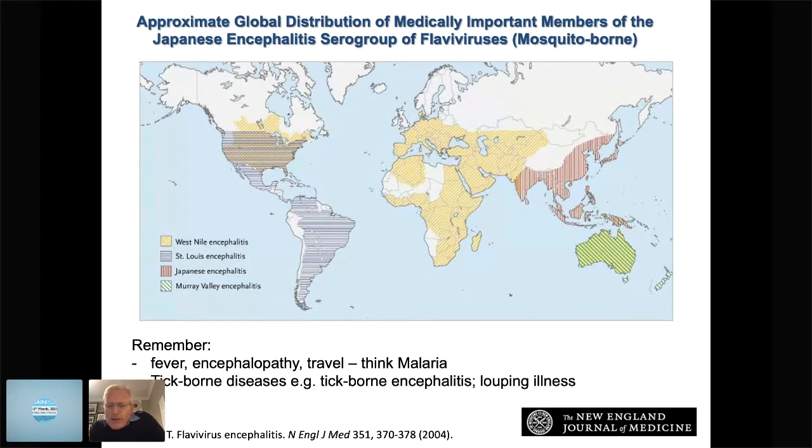Of course, when you see somebody returning from a tropical place with fever and encephalopathy, always think of malaria. In Europe and now within the UK, also think about tick-borne conditions, including tick-borne encephalitis.